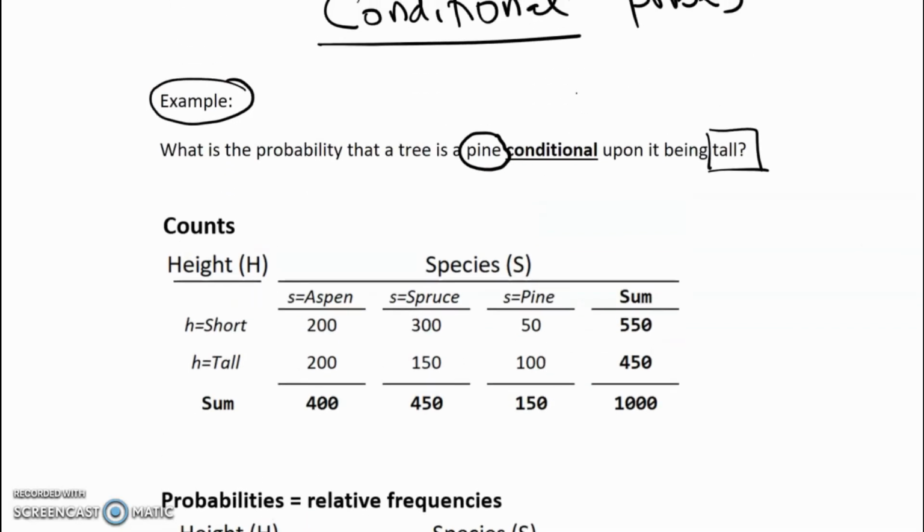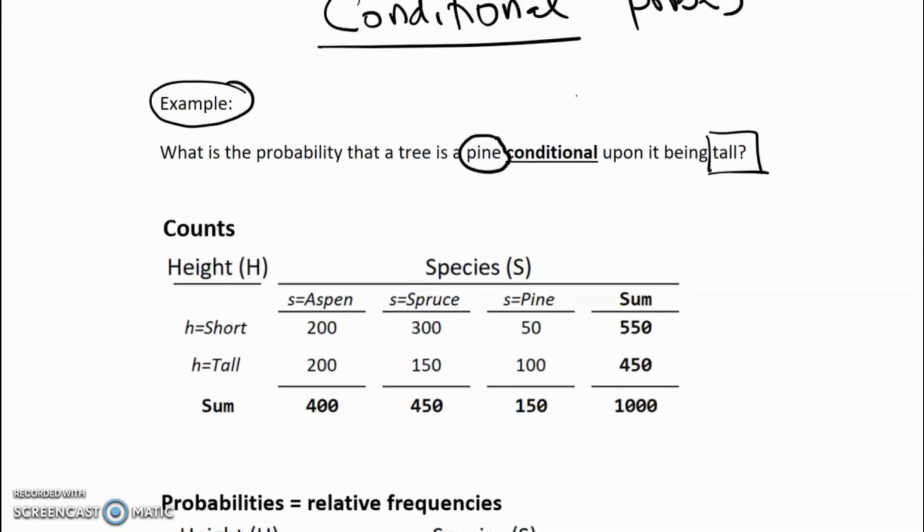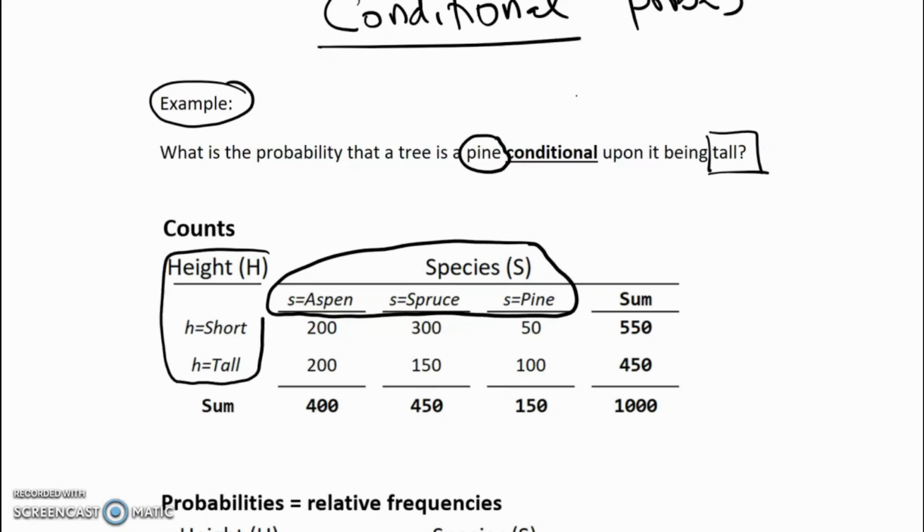And we're going to answer that question by using an example, and we're going to start off with this table of counts that has the trees cross-categorized according to species and according to height class. So the question is, what's the probability of a tree being a pine conditional upon it being tall?